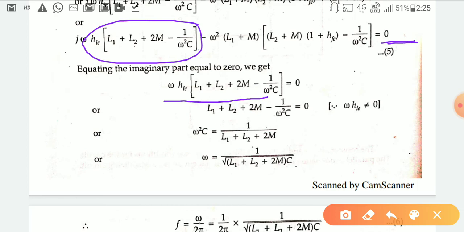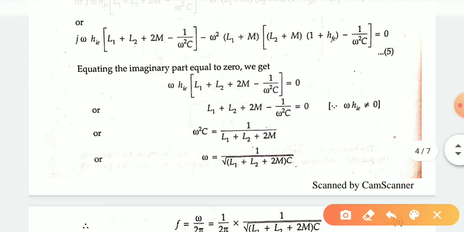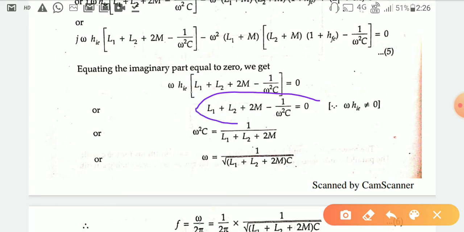And h_ie is the parameter for the transistor, so this value cannot be equal to 0. So you can write down this section, that is L1 plus L2 plus 2M minus 1 by omega square C should be equal to 0.